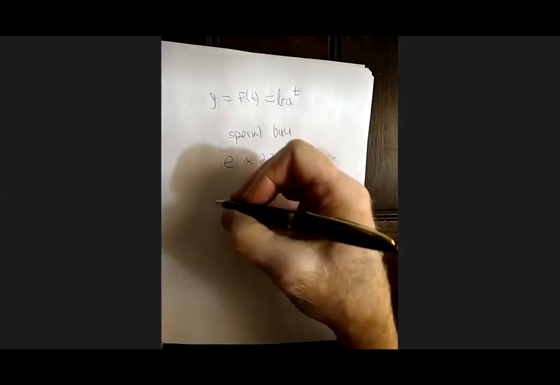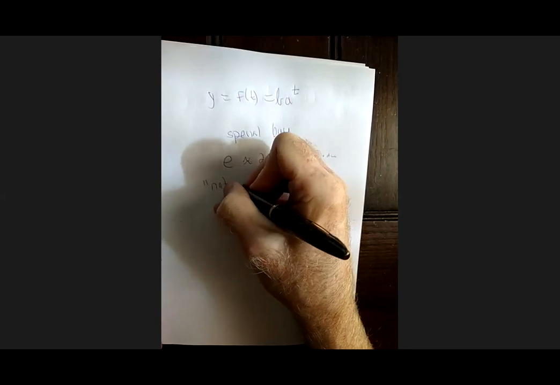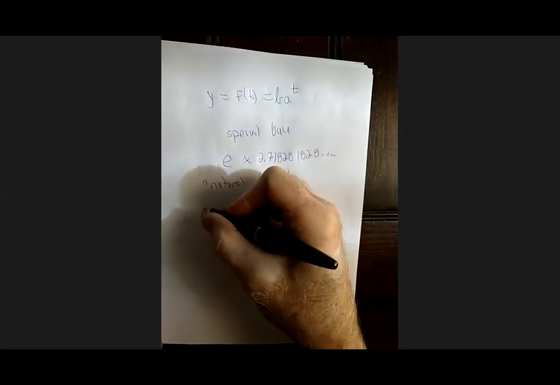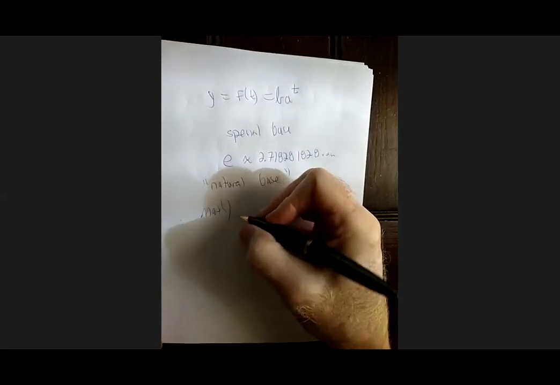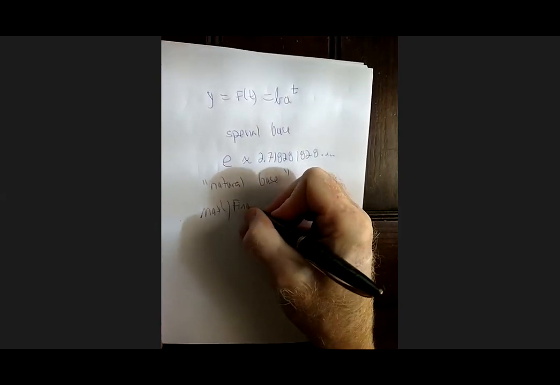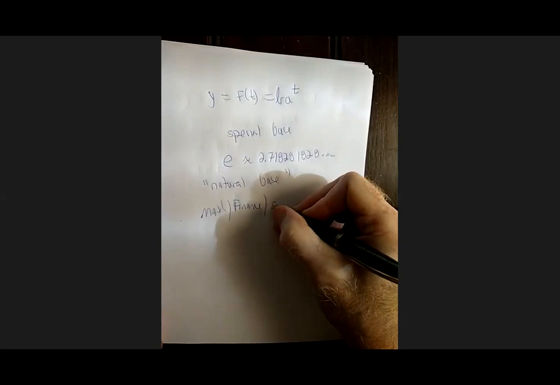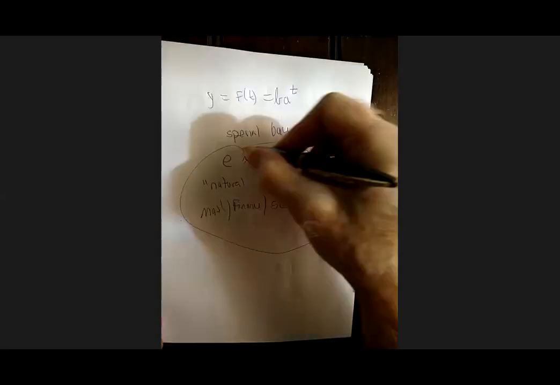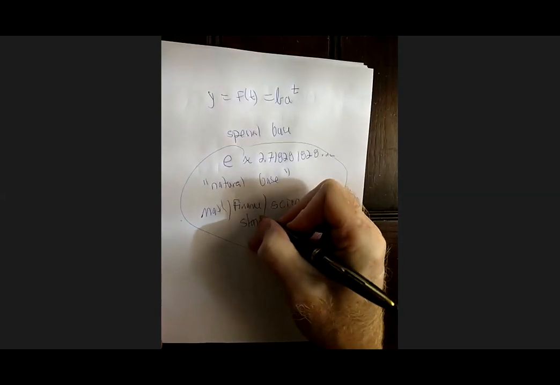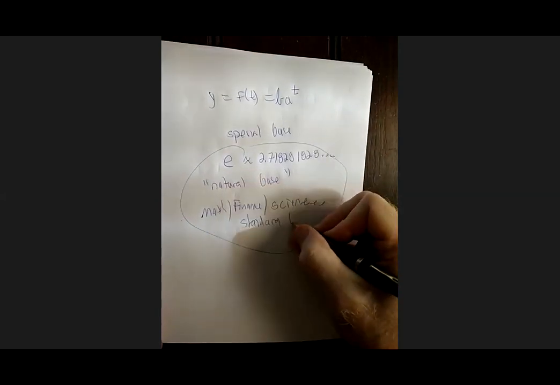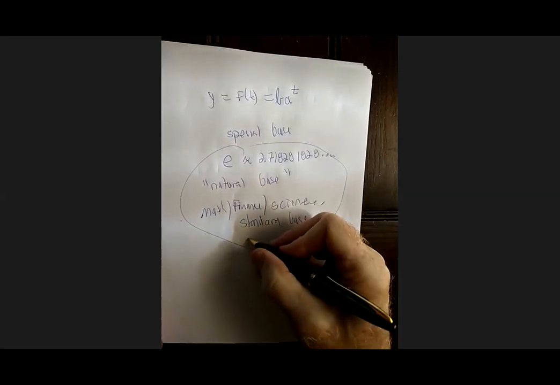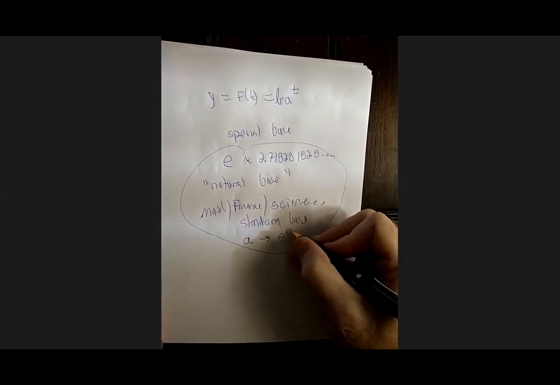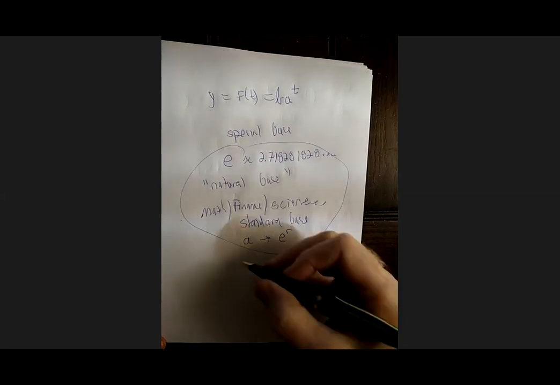And so it's called the natural base. And in math, finance, business, economics, sciences, e is really used, and it's kind of the standard base. You can take any number a and convert it to a power of e. We're not going to go into that. That's just a little bit of background.